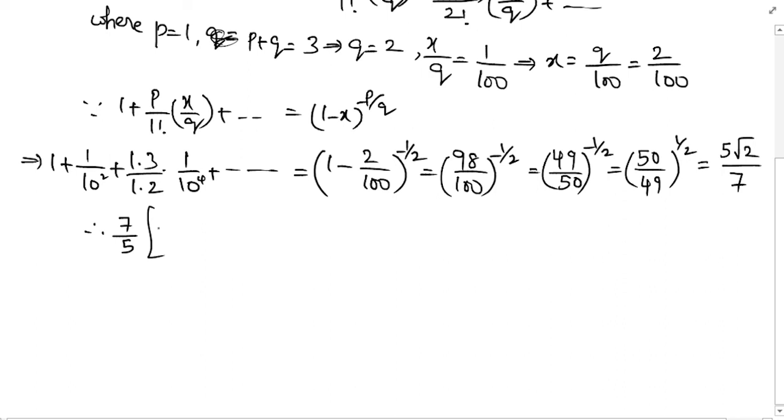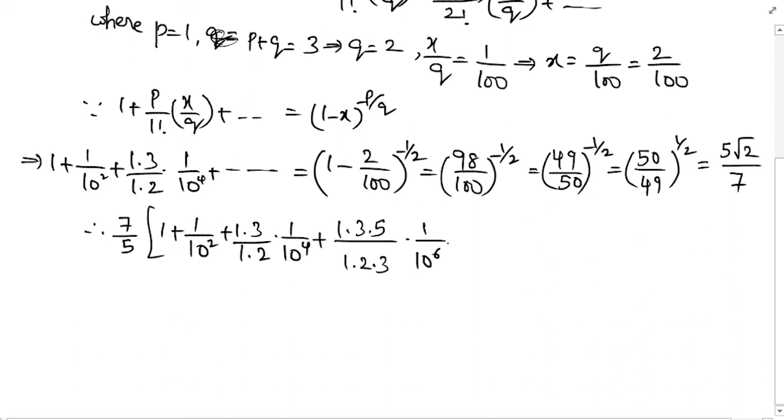Okay, that is 7 by 5 into 1 plus 1 by 10 square plus 1 into 3 divided by 1 into 2 into 1 by 10 power 4 plus 1 into 3 into 5 divided by 1 into 2 into 3 into 1 by 10 power 6 plus so on is equal to 7 by 5 into 5 root 2 by 7. So that will be equal to, these all will get cancelled. So that will be equal to root 2.